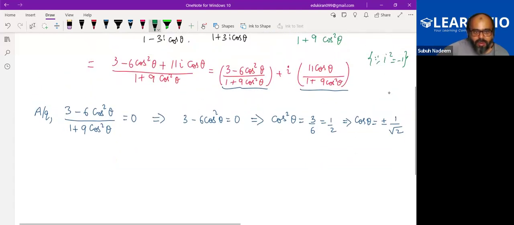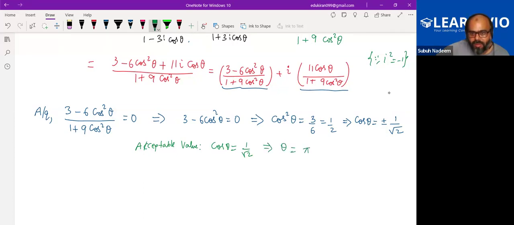The acceptable value is cos theta equal to plus 1 by root 2, only plus, not minus, in the first quadrant. So theta will be pi by 4, because at 45 degrees cos theta is equal to 1 by root 2.